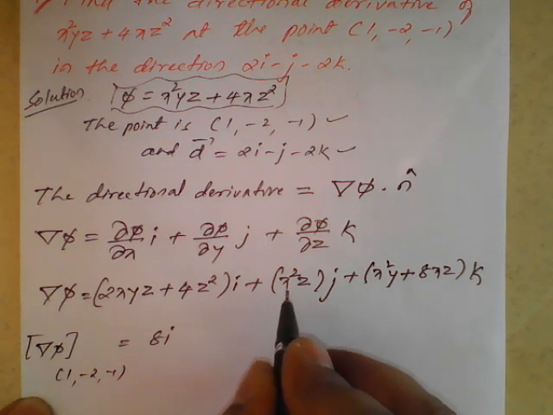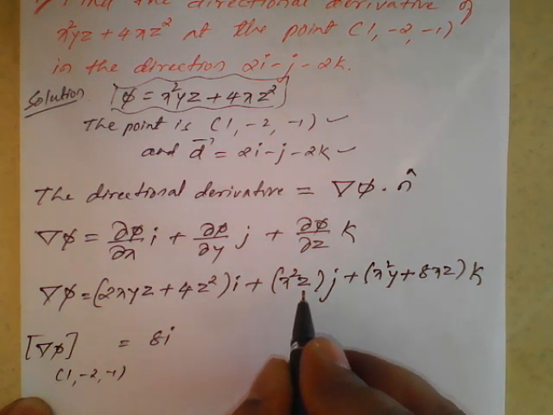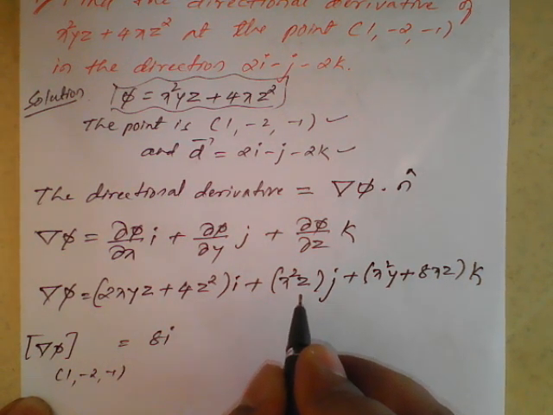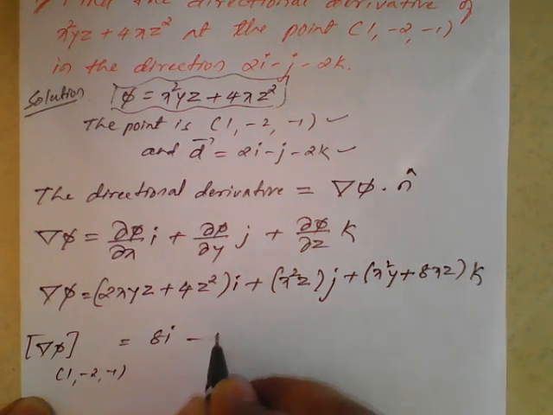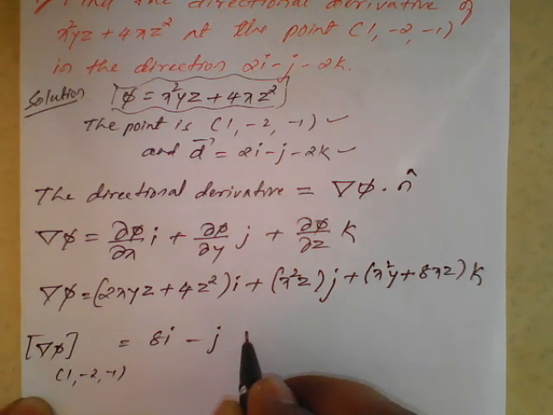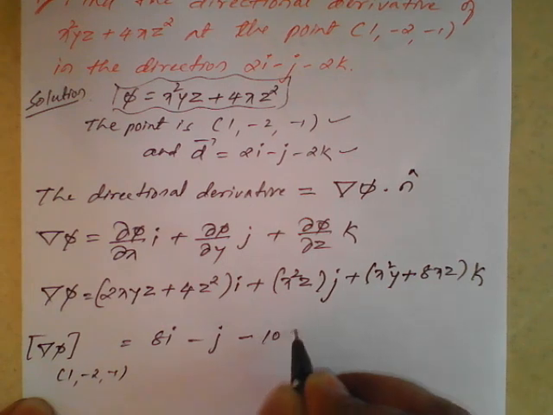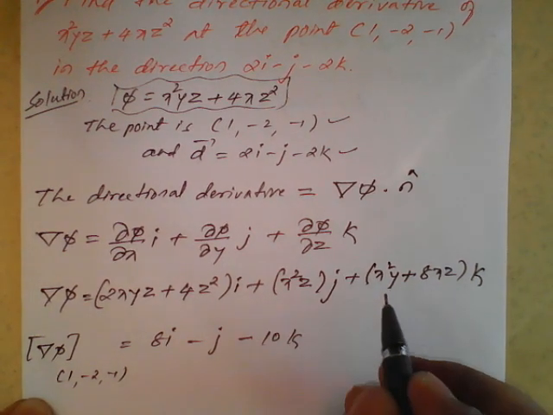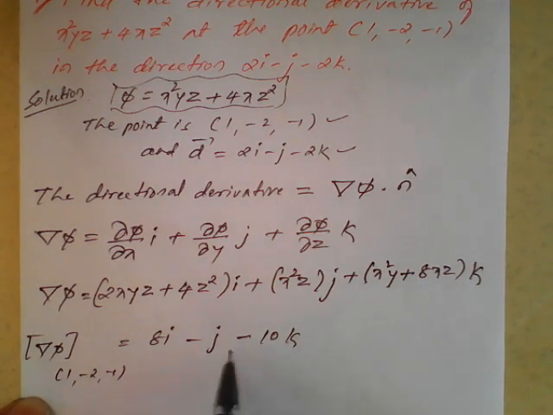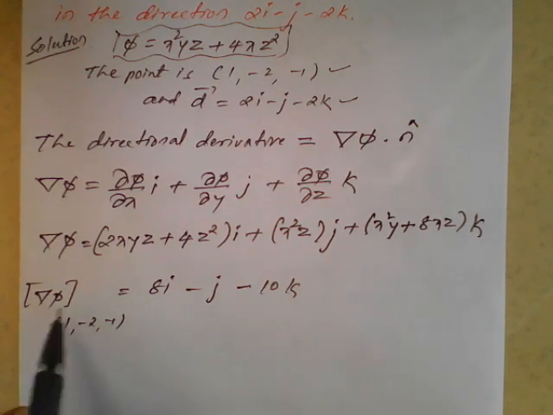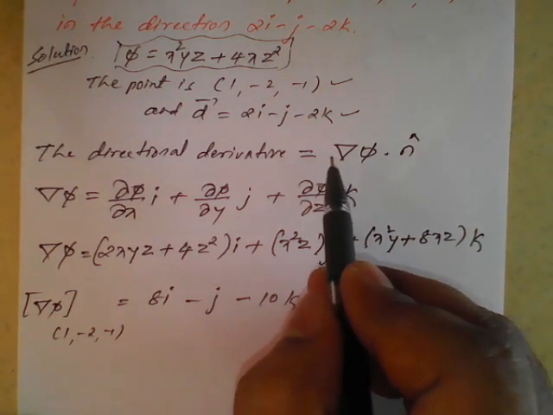For the second term, if you put x equal to 1 and z equal to minus 1, we get minus j, and the third term will be minus 10k. If you replace the values of x, y and z, you will get this result. So now we have the del phi result.